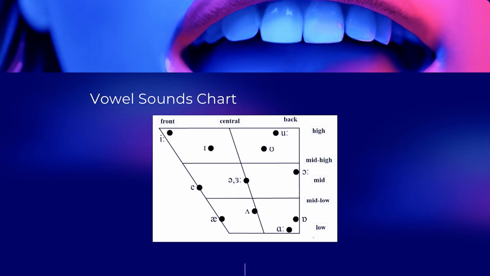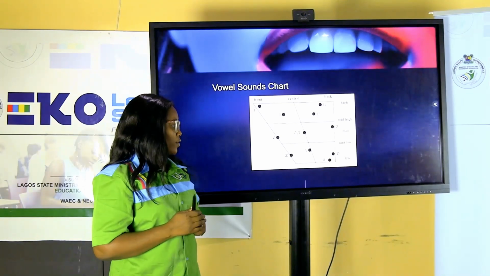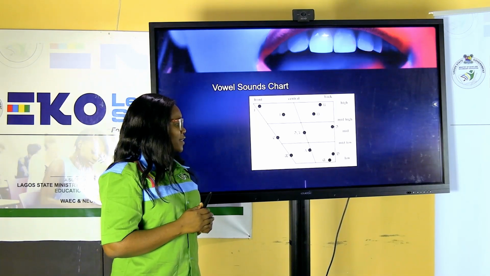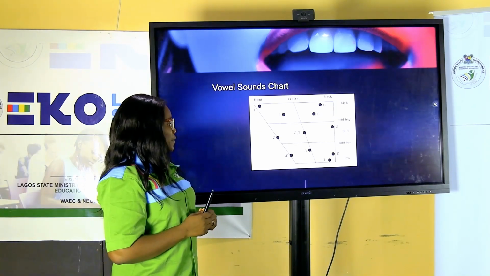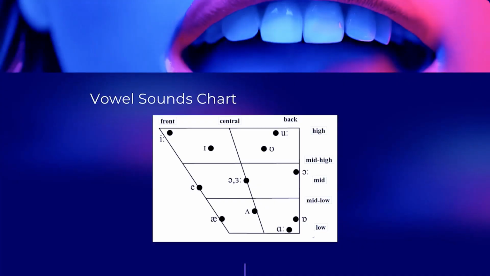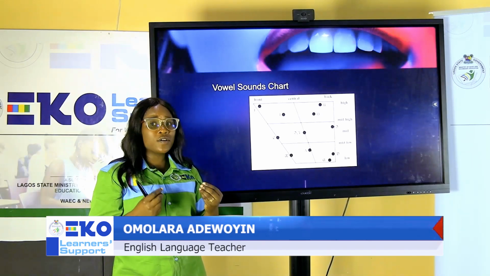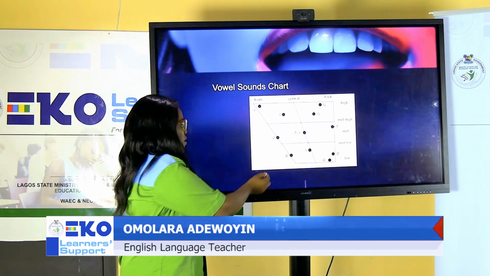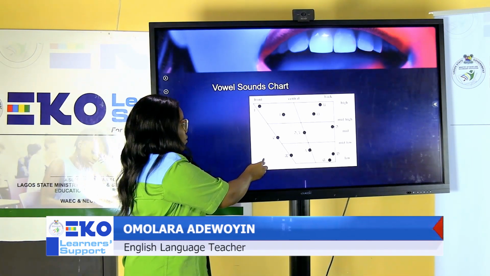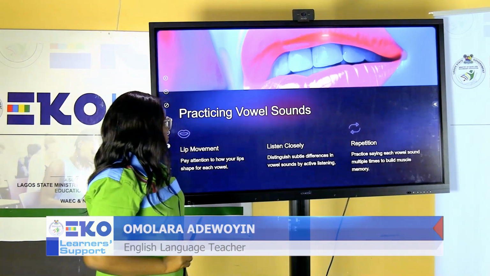That's why it's a back high vowel sound. The same thing applies to the other vowels. Look at the sound ah. What happens? The tongue is low in the mouth and where the tongue is still at the back. It moves to the back in the production of the sound ah. So all we have on this chart is what happens to vowel sounds in the oral cavity with relationship to the tongue. Let's move on.